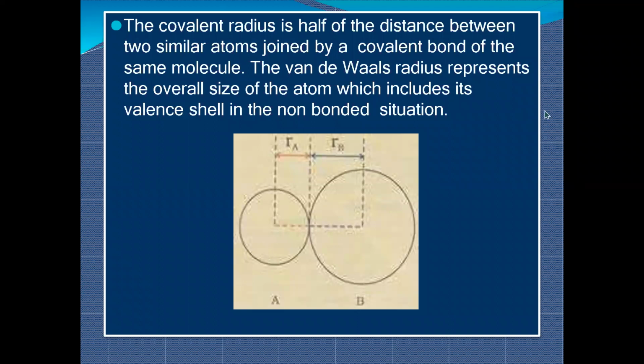The covalent radius is half of the distance between two similar atoms joined by a covalent bond in the same molecule. The van der Waals radius represents the overall size of the atom, which includes its valence shell in the non-bonding situation. So let us talk about the total bond length.